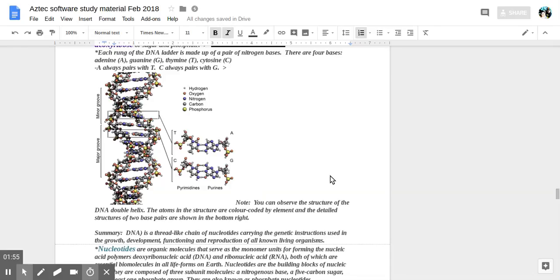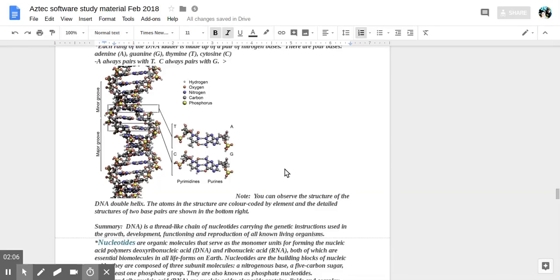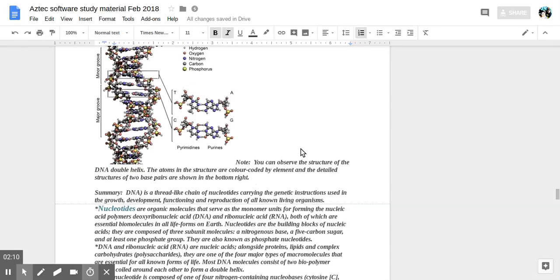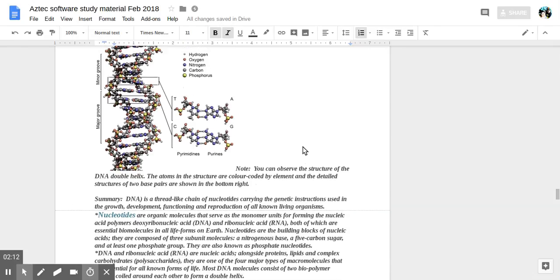So a polymer is a chain of multiple units. The ribonucleic acid, or RNA, is similar, both of which are essential biomolecules in all life forms on Earth.